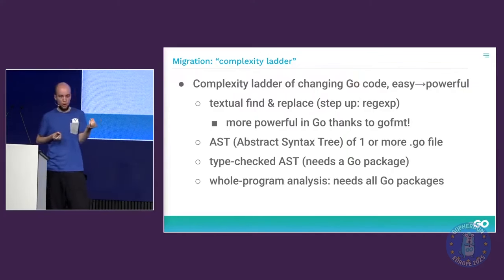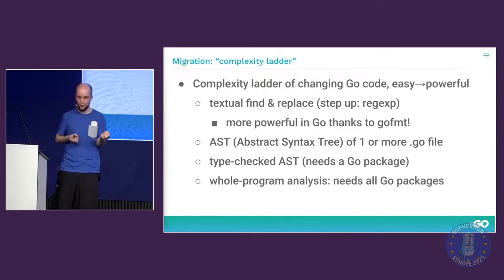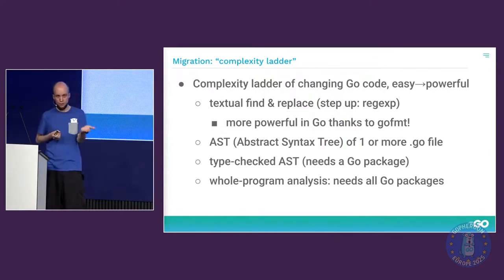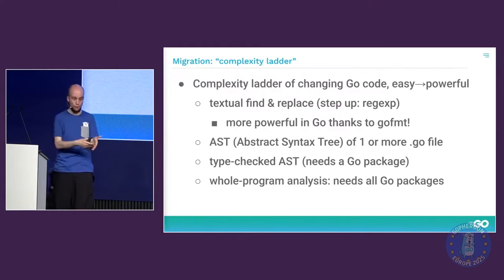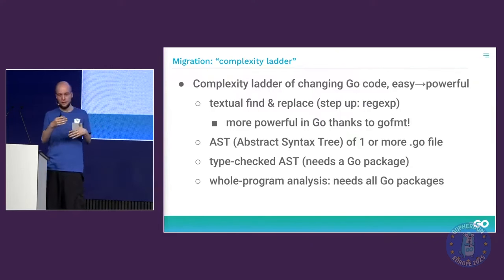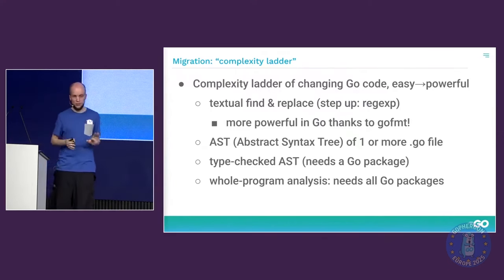But there is also a requirement here which introduces a little barrier between the AST and the type-checked AST step, which is that the type-checked AST needs a full Go package, right? Because in Go, the unit of compilation isn't a single file, it's a Go package. So you need to have all of the files of that package and also its direct dependencies. So you have the type information, and if there's any calls to CGO, then you better have a compiler that works well enough to, you see, it gets tricky pretty quickly.